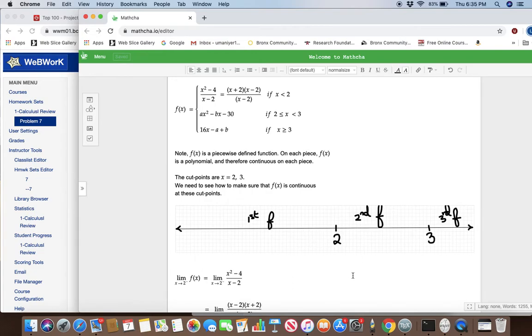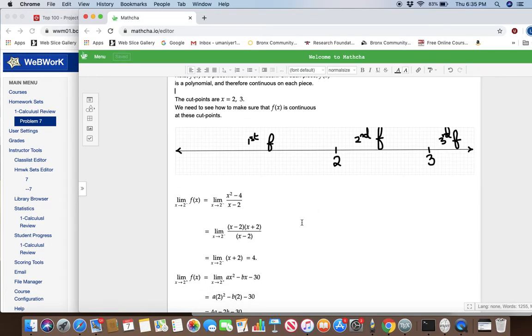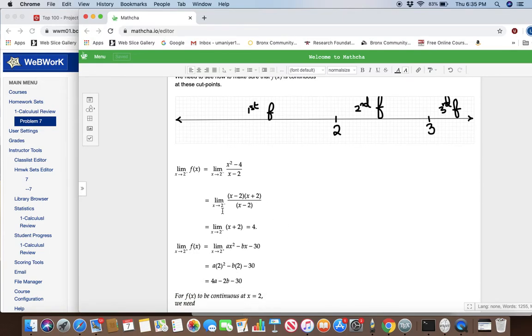That's the hope. So, when I'm approaching 2 from the left, my first function takes over. Well, x squared minus 4 is x minus 2 times x plus 2. It cancels the x minus 2 because I'm not at 2 yet. I get x plus 2. Now I plug in x equals 2, I get answer 4.